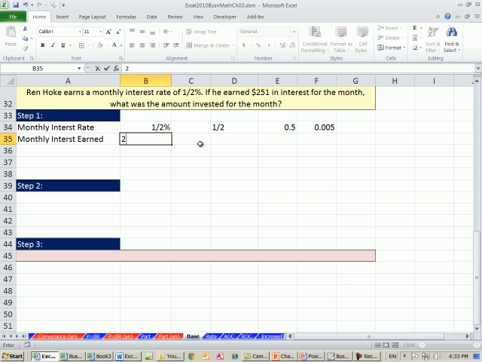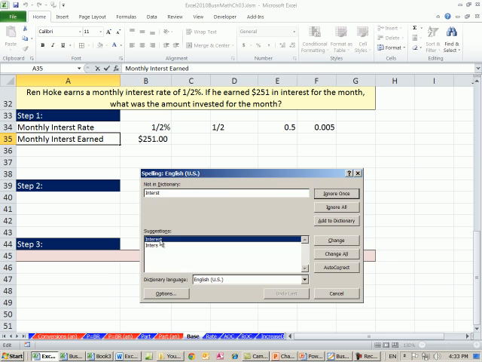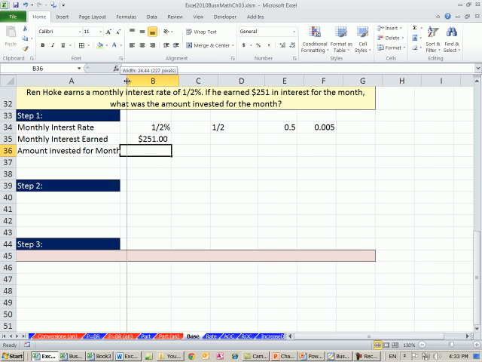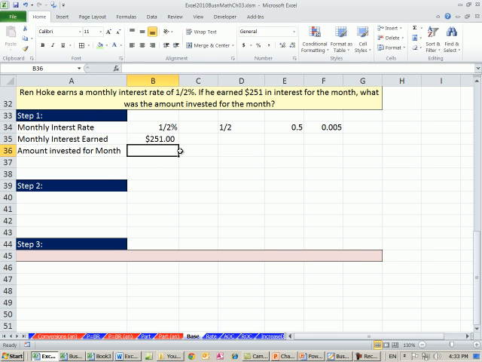It's going to be 251. Control Enter. Control Shift 4 to format it. I don't think I spelled that right. Just a little spell check. And then finally, amount invested for the month. It's important to have that month in all of those periods there. All right, and that's the question mark.